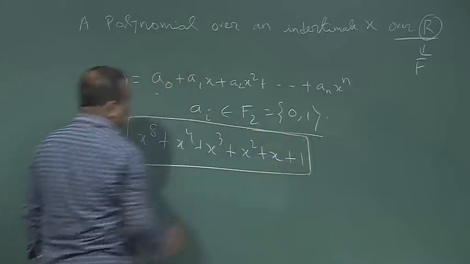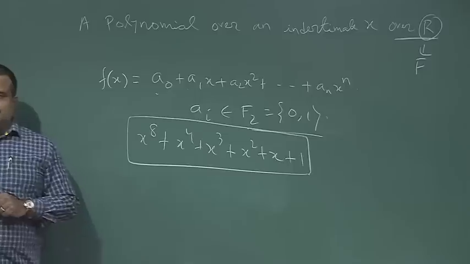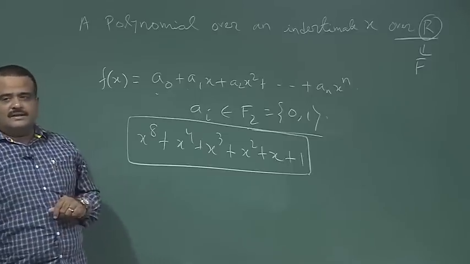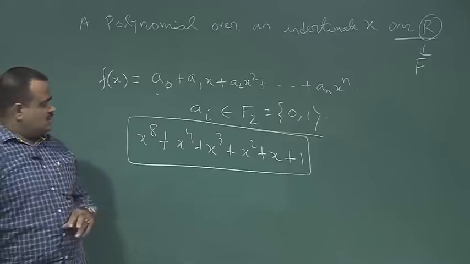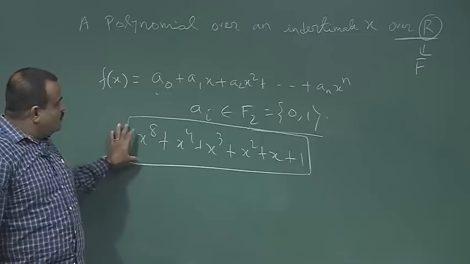This polynomial is used in AES. When we talk about the block cipher standard AES, the advanced encryption standard, the Rijndael, in a future lecture, there the designer used this polynomial.